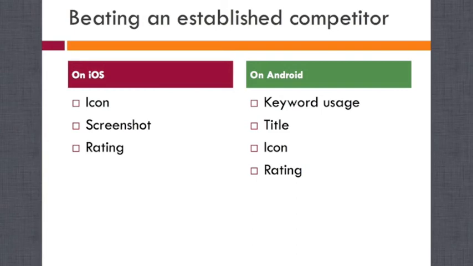On iOS, one thing you can do is make sure that your icon is attention grabbing and noticeably differentiated from the competitor, so that even if you're both in the top five, you can maybe steal their thunder and get their customers from them essentially, with a better icon. Then also work on that screenshot.